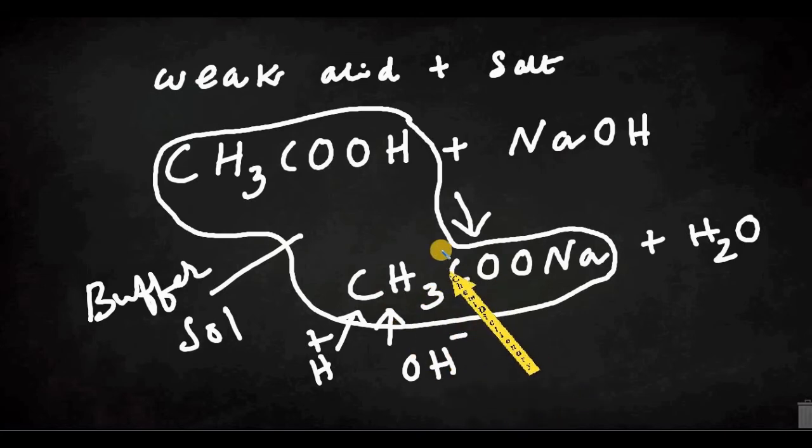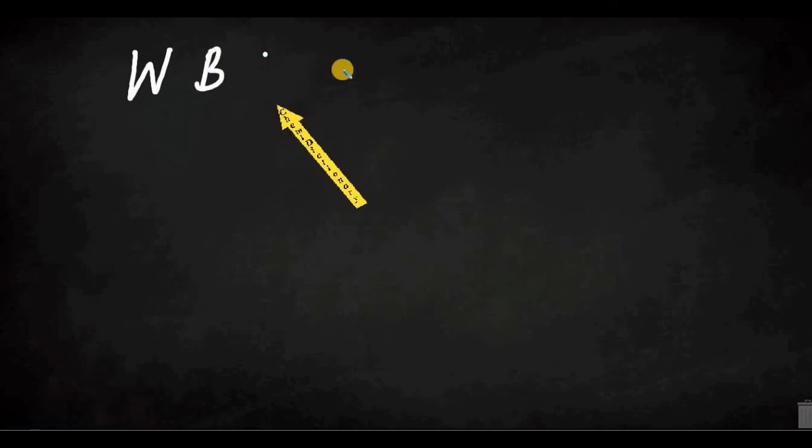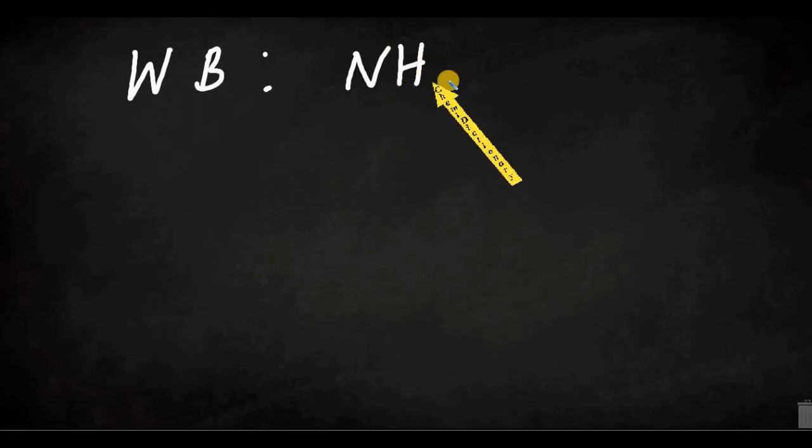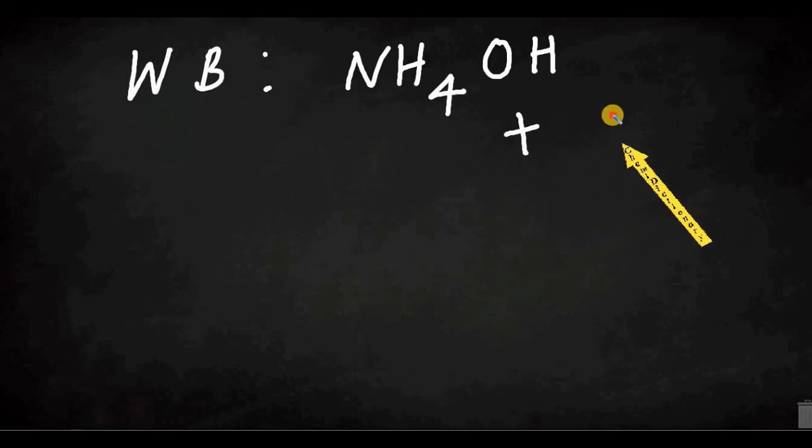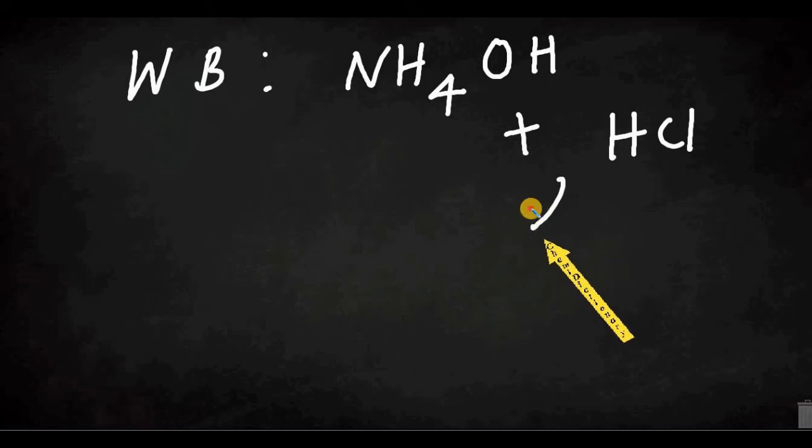Like that we have for base also. Let me teach you that also. An example for a weak base is ammonium hydroxide, NH4OH. When you mix this weak base with a strong acid like hydrochloric acid, you will get a salt.